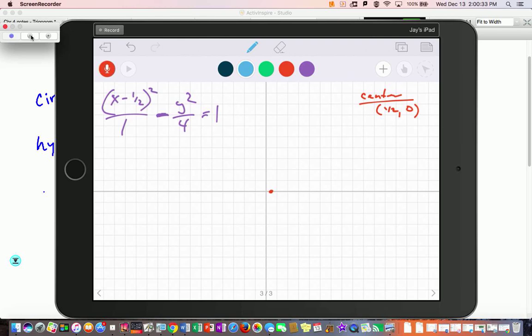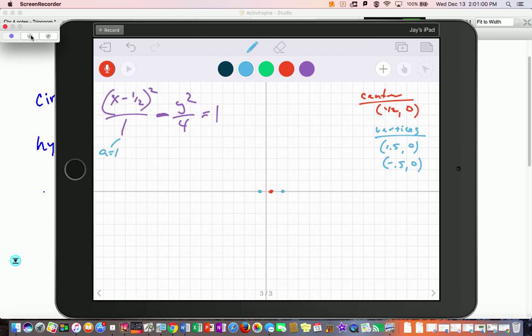What's the positive term? So this would be my a value. Square root that is a 1. So I'm going to go 1 to the right and 1 to the left. So my vertices would be, I guess you could call it 1.5 comma 0 and negative 0.5 comma 0.